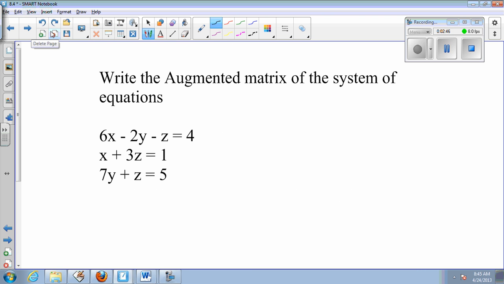So let's just write the augmented matrix of the system of equations. We see there are 3 rows. We have 3 different variables and an answer. So we are going to have a 3 by 4 matrix.